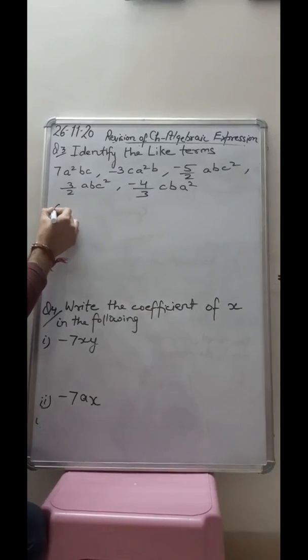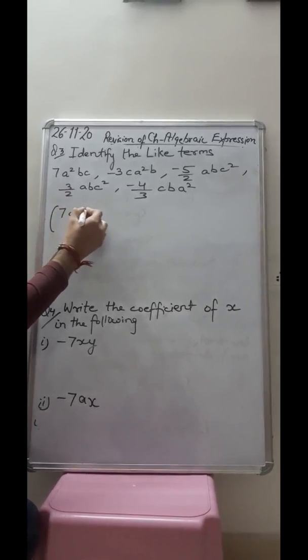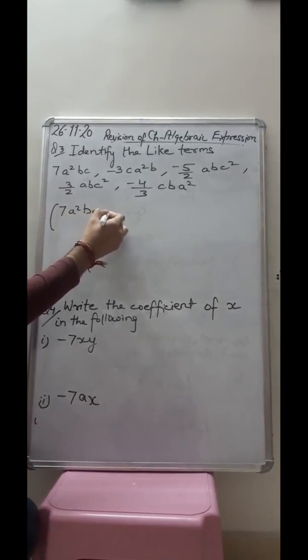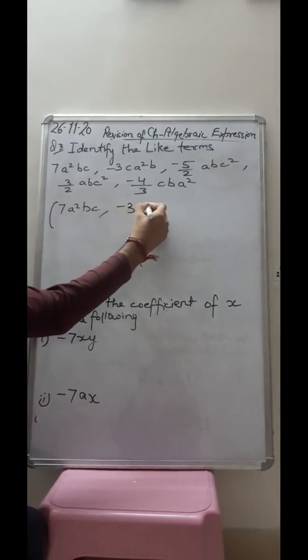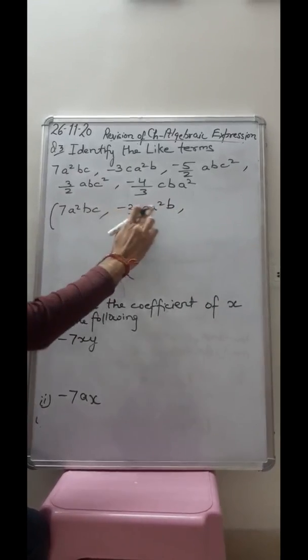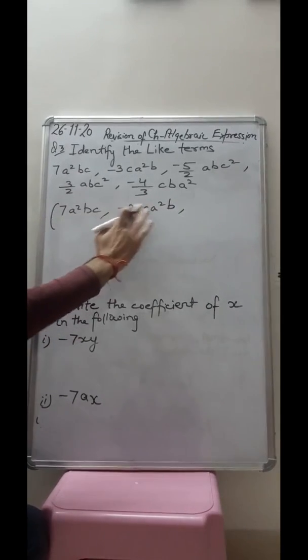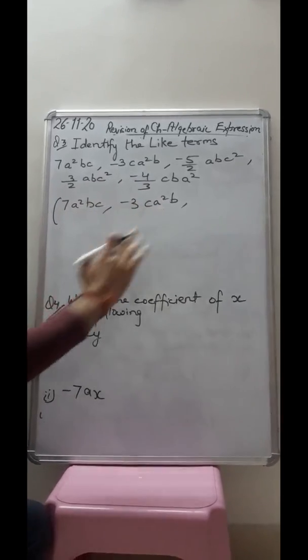First I am keeping the like terms in brackets. So 7a square bc. The like term of this term is minus 3ca square p. The only difference is that they have changed the order of the variables, but the powers of the variables are the same.